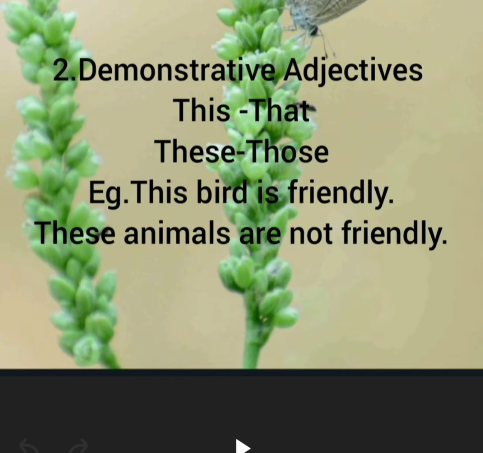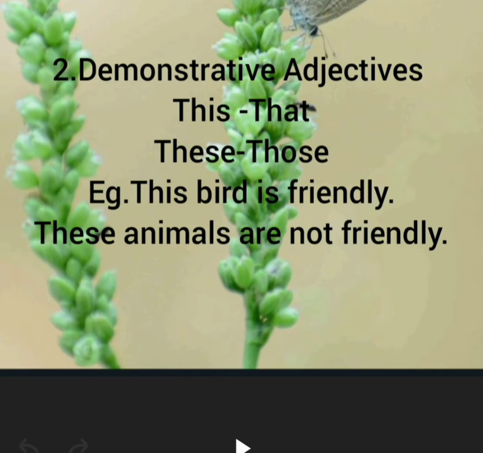The next example is, these animals are not friendly. These particular animals are not at all friendly to me. By using those, we can say the same sentence again, those animals are not friendly. If these animals are standing somehow far away from me, we can say those animals are not friendly to me.